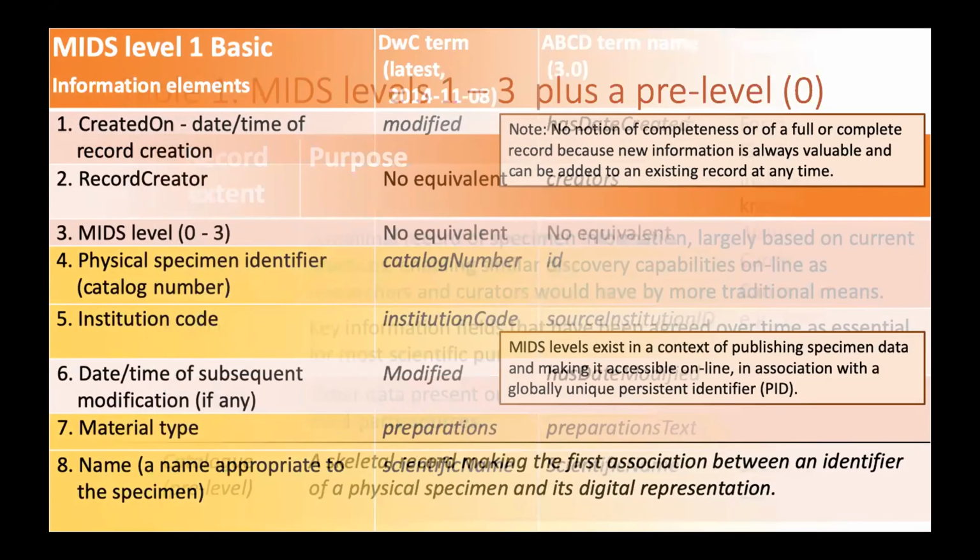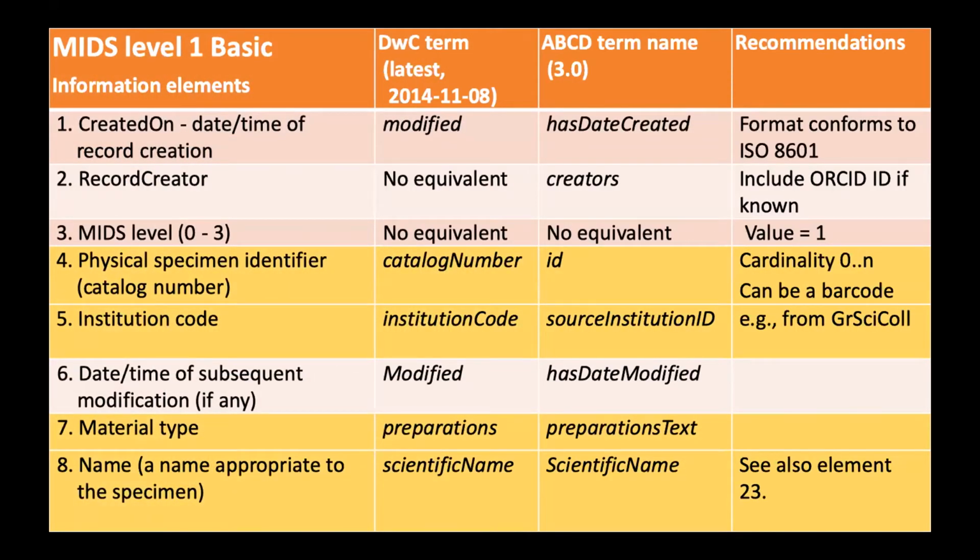All right, here's a little detail on MIDS level 1. These should be all fairly self-explanatory. The columns, which I can't quite see because of the Zoom stuff, which I will move. There they are. Darwin Core, a take on Dublin Core, ABCD, which is Access to Biological Collection Data, and then the comments there, recommendations is the last one.